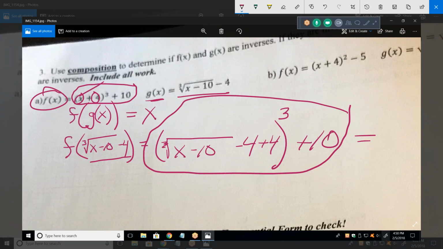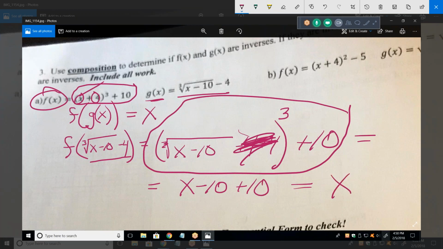Add the -4 and +4 together, so they eliminate each other. Okay, now you got the cube root of this, all of it cubed. The cube root would go away then, as well as the cubed. Right, so I'm left with that, and then I still have my plus 10. Guess what?